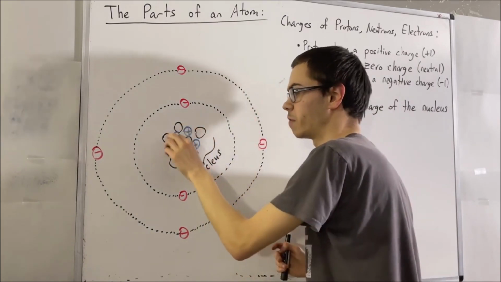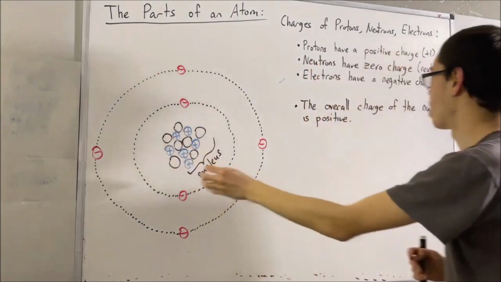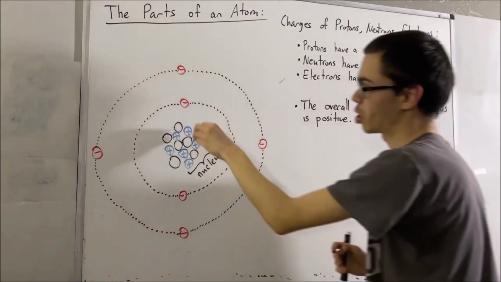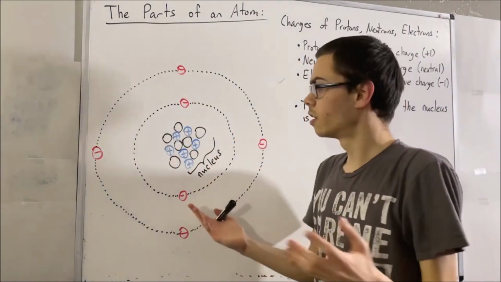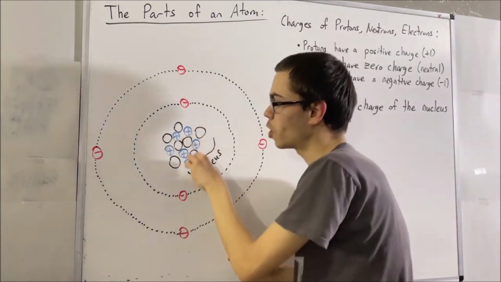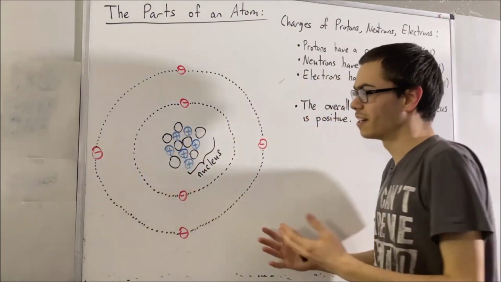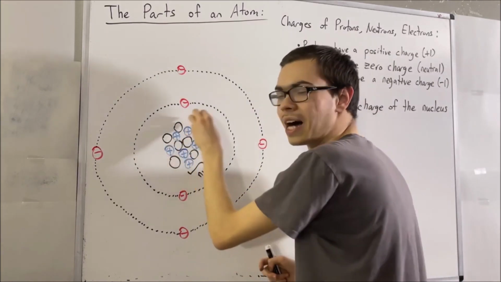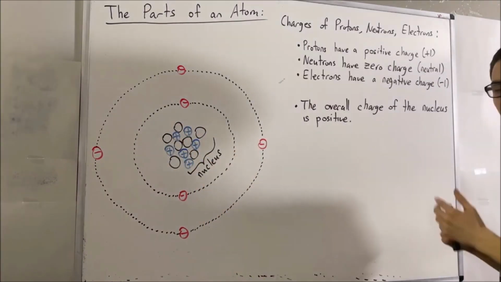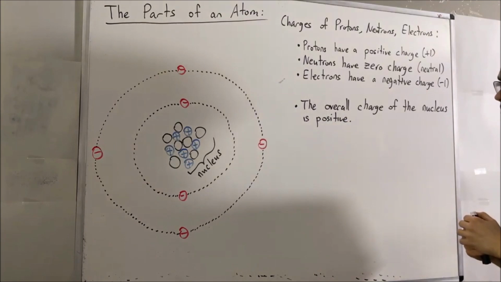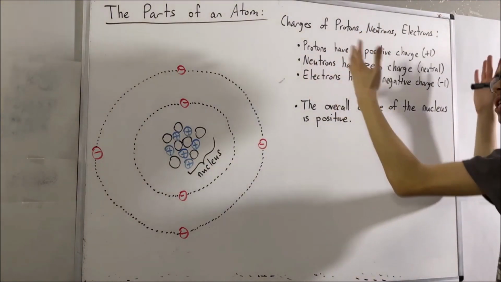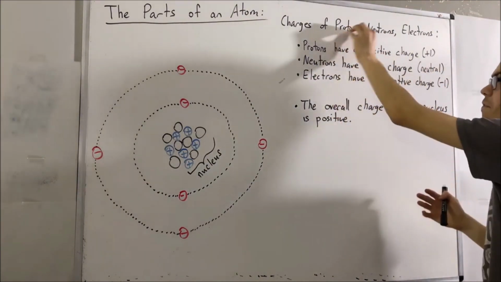And if we add up the charges of all the neutrons, well, each neutron has 0 charge. So when we add up the charges of all the neutrons, we get 0. So if we add up the total charges of all protons and all neutrons, we overall get a +6 charge, right? So really, we get a positive charge. And so yeah, that's pretty much the idea. So this is pretty much what you need to know when it comes to the charges of these three particles.